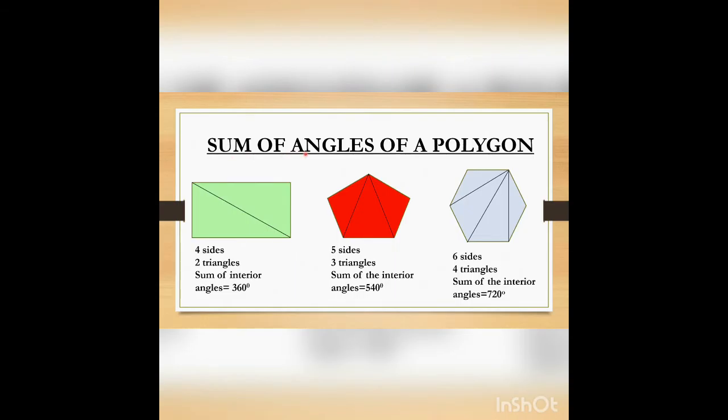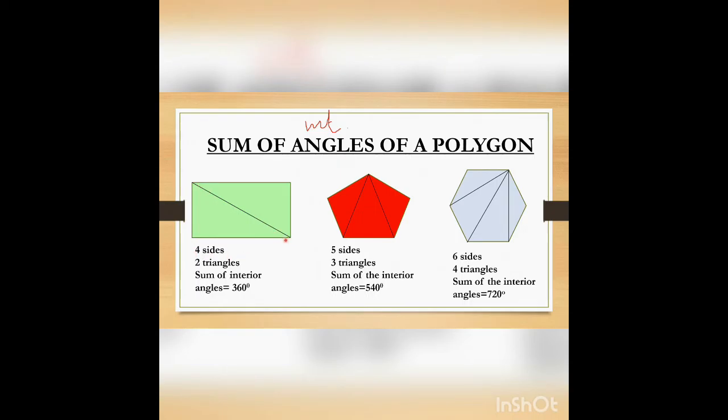Now coming to children, sum of angles. When I say angles, I mean interior angles of a polygon. If you look at these polygons, the first one is a quadrilateral, isn't it? And I have drawn a diagonal.